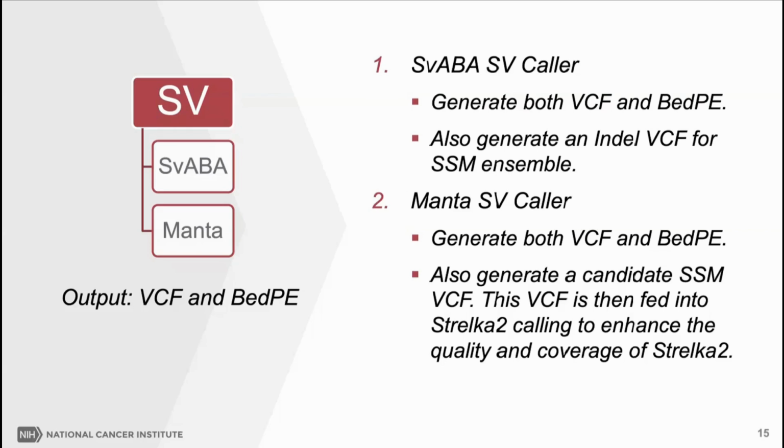Strelka 2 will take this giant candidate variant set as input, reanalyze it, and filter it down. A small subset of these candidate variants from Manta is eventually retained as part of the final Strelka 2 output. This helps us to boost both the quality and coverage of the Strelka 2 calls.